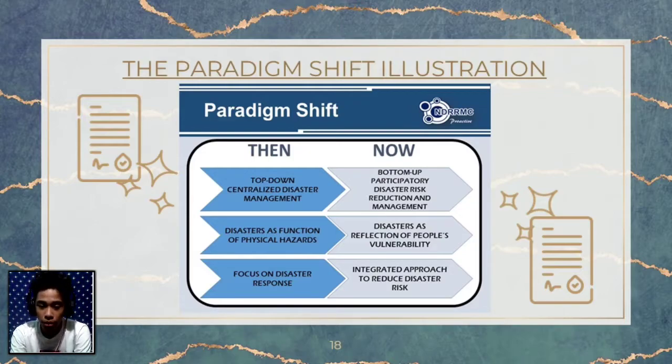Before, top-down centralized disaster management became bottom-up participatory disaster risk reduction and management. Before, disaster as a function of physical hazards, but now disasters as a reflection of people's vulnerability. And the last one, before it focused on disaster response, but now an integrated approach to reduce disaster risk.